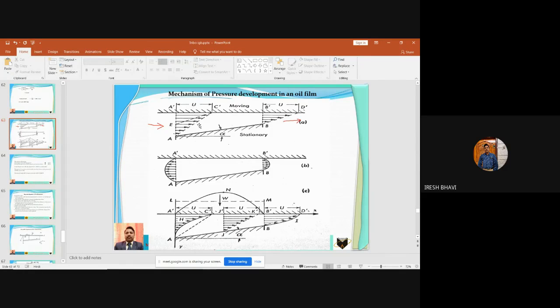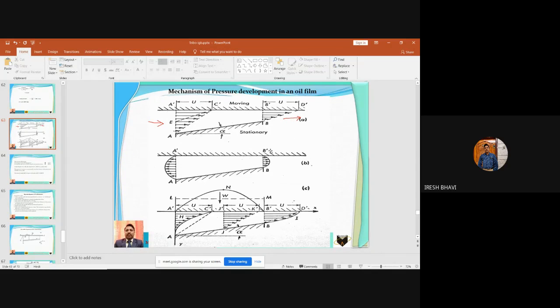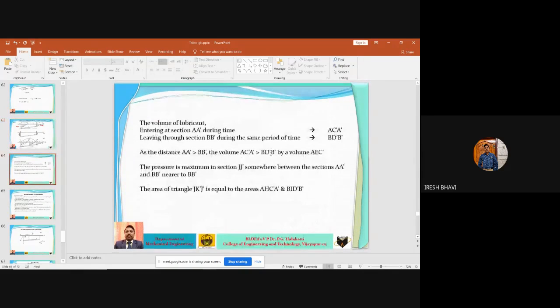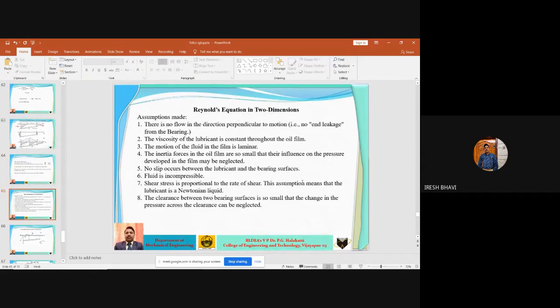That is the eighth assumption. Pressure variation in the x direction is considered. Pressure variation in the y and z directions is considered to be 0. There is no change in pressure in the y and z directions. That is the final, eighth assumption. So these are the assumptions made in the Reynolds equation.